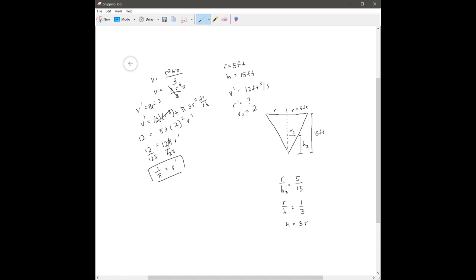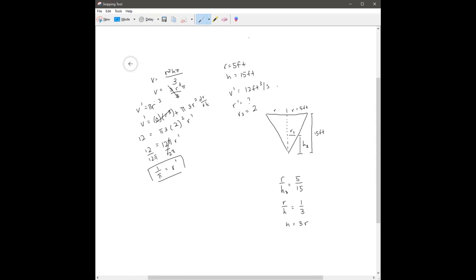So we are trying to find the rate of change of the radius of a cone when the radius of the surface of the water is 2 feet. It's given that the radius of the cone is 5 feet and the height of the cone is 15 feet, and the rate of change of the volume of the water filling the cone is 12 feet cubed per second.